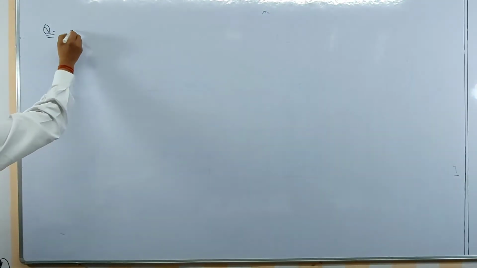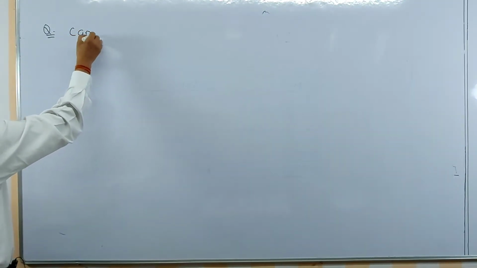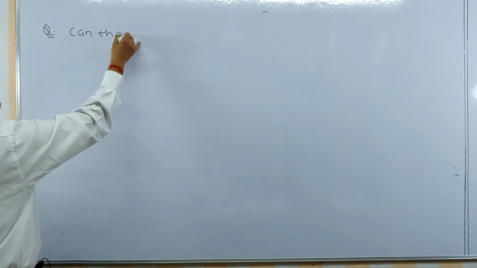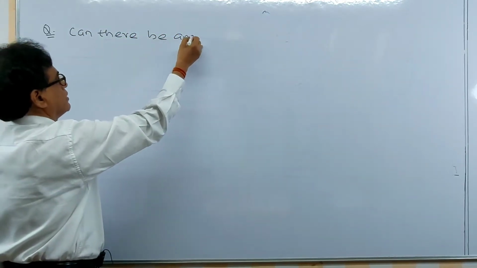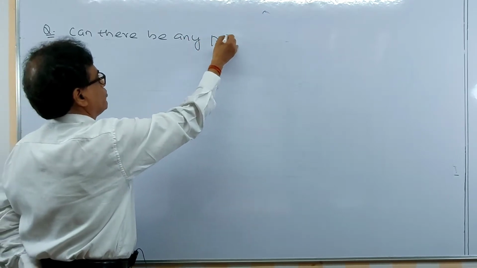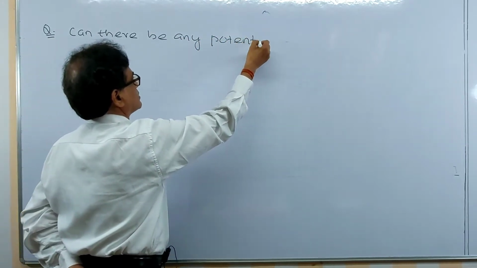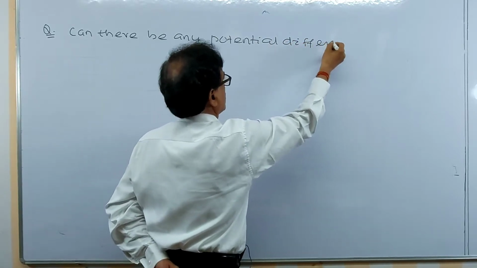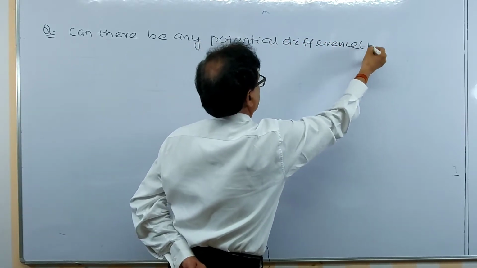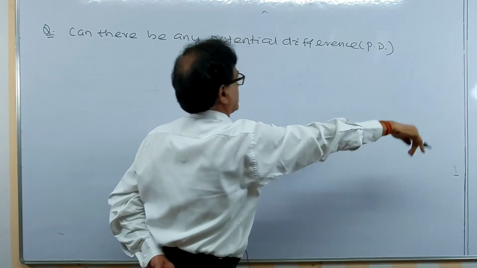My question is, can there be any potential difference between two adjacent, very close adjacent conductors, size not specified, adjacent conductors carrying the same charge? Sometimes we write PD, voltage.